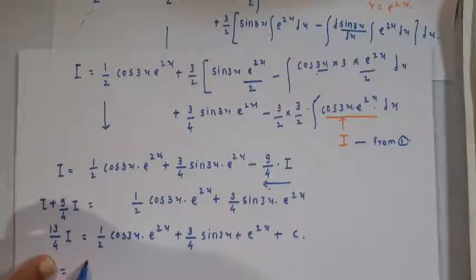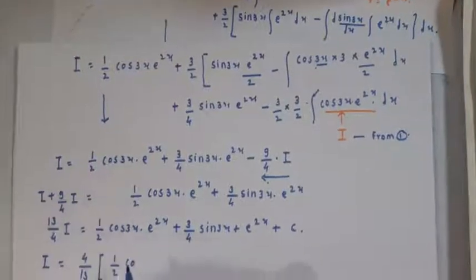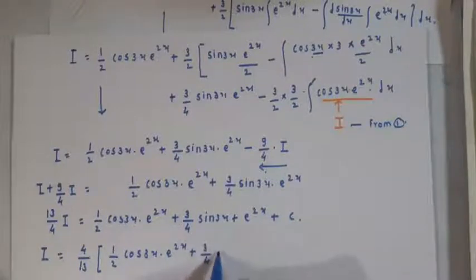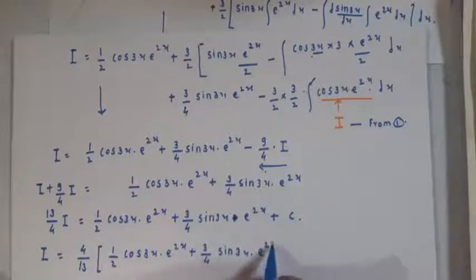So this is 4 by 13 into 1 by 2 cos of 3x e raised to 2x plus 3 by 4 sin of 3x into e raised to 2x plus constant of integration c.